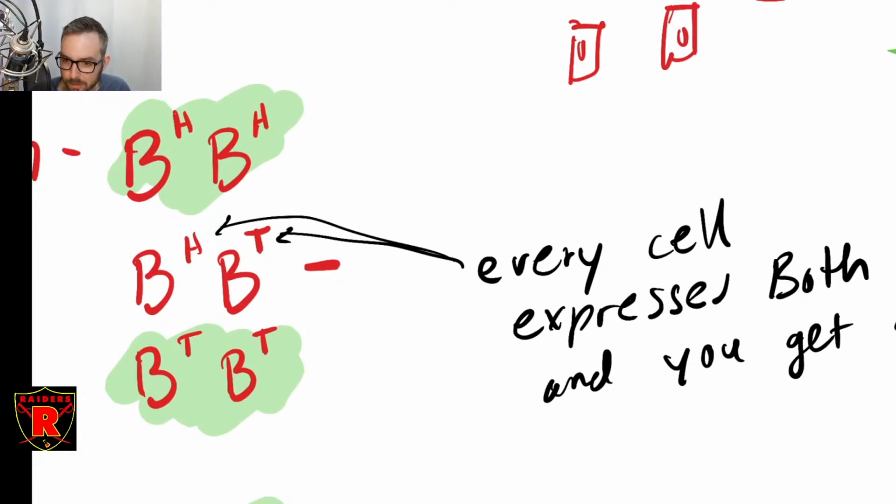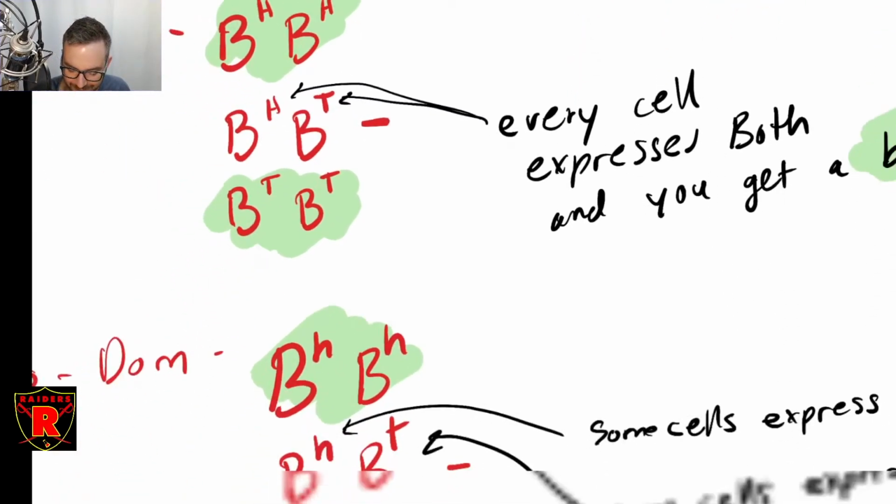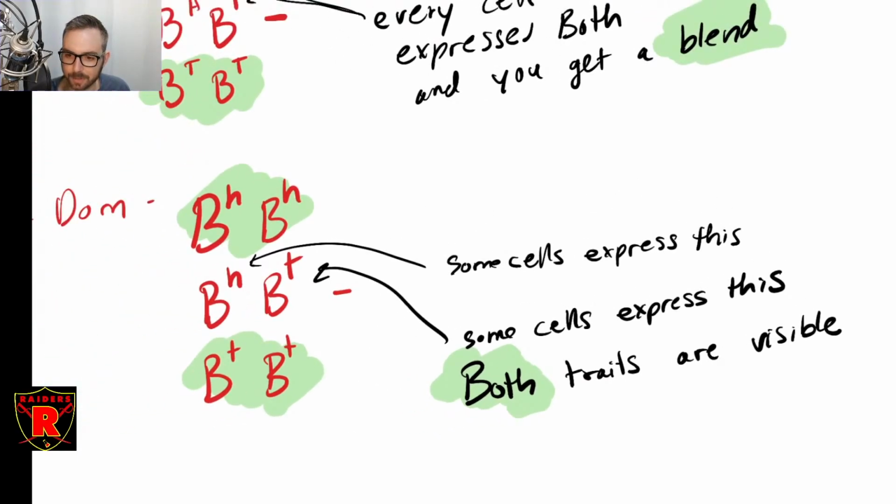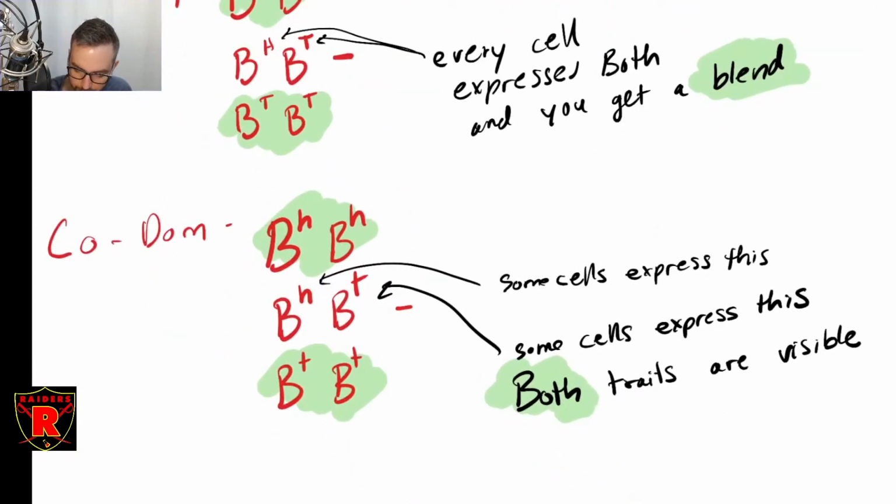In other words, all the cells look the same, Mila. Okay. No worries. So you got it here, Logan. Both traits are being expressed at the same time. Some in one cell and some in the other cell. And that's codominance. Okay, so this is an example of codominance. So ding ding ding, we have a winner.